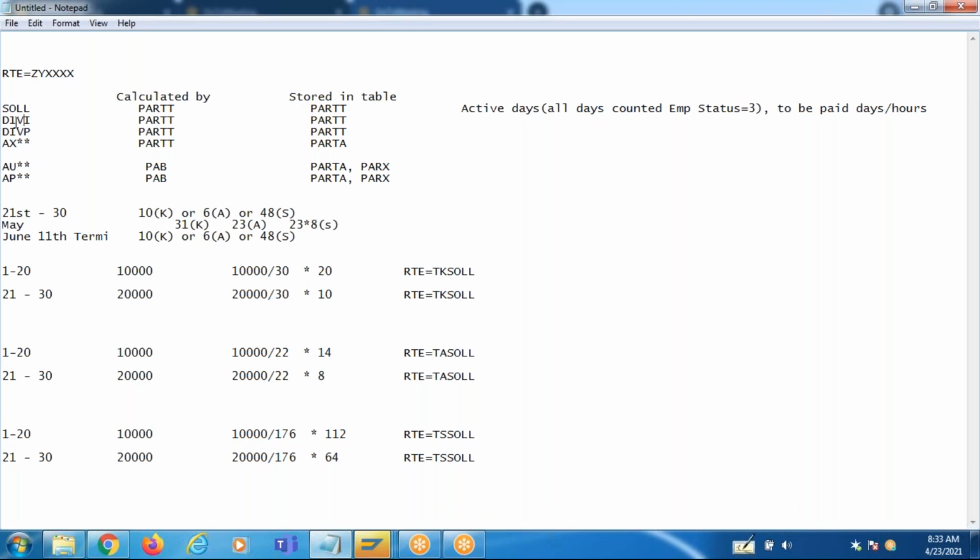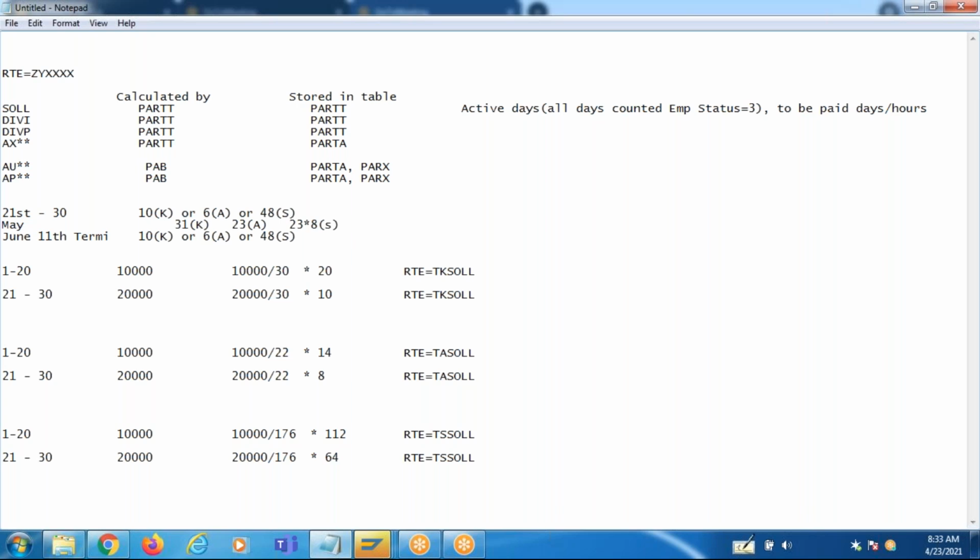So this is used in the denominator always. Either DIVA or DIVP. When you are counting the DIVA or DIVP, it will never see whether employees are active or not.